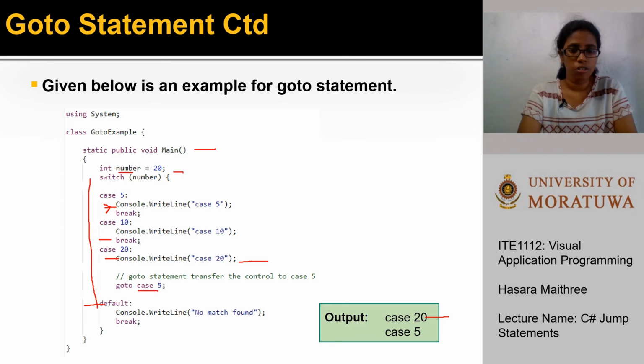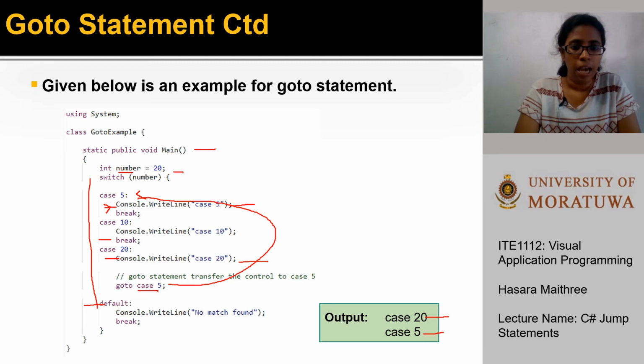So the control flow will be passed to this case 5 from the goto statement, and the console write line case 5 will be printed as well. Here you can see that case 5 is also printed, and then it will execute the break statement so that the execution of the whole switch case will be terminated, and program control will be passed to the next immediate statement after the switch case.